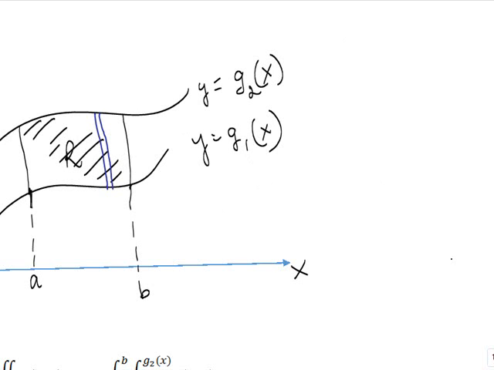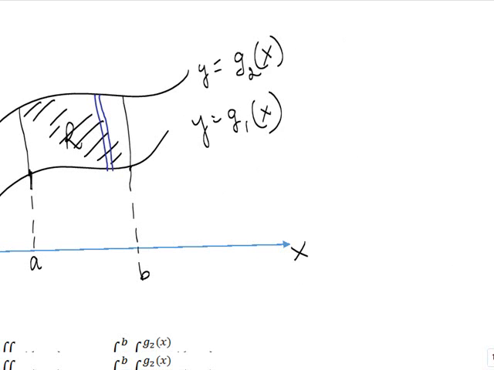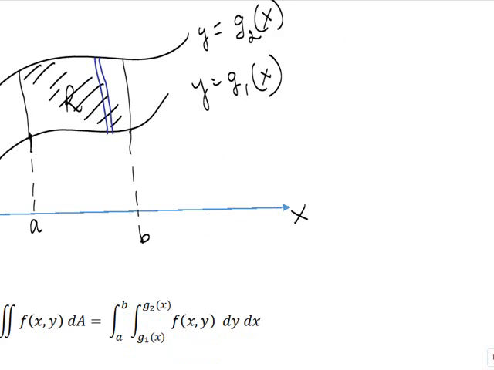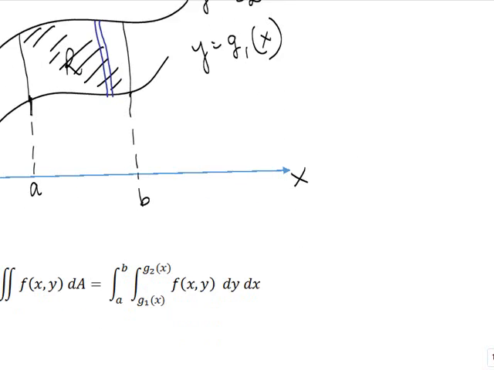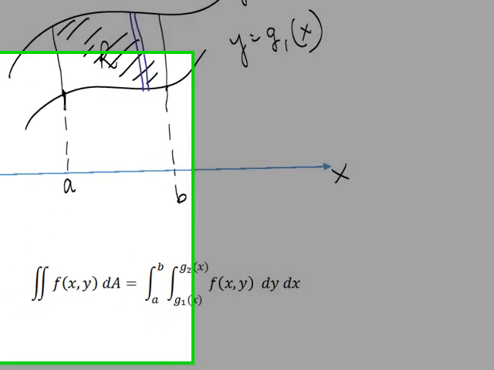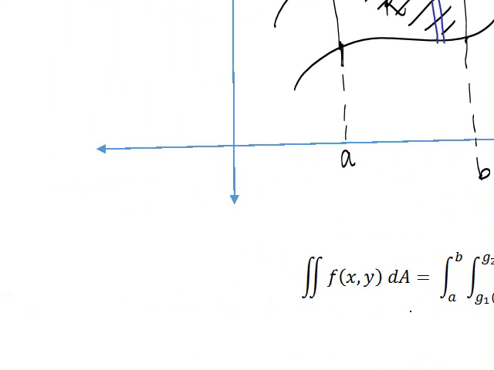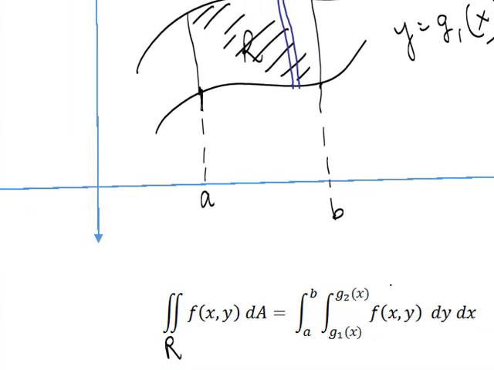So if the surface is above that region, we say that the double integral of f of x y dA over R, we put dA because we're not sure of the order yet, is equal to the integral of f of x y dy dx, which means that this is vertically simple.